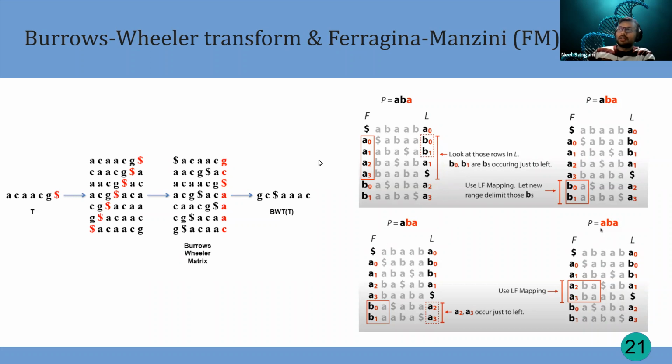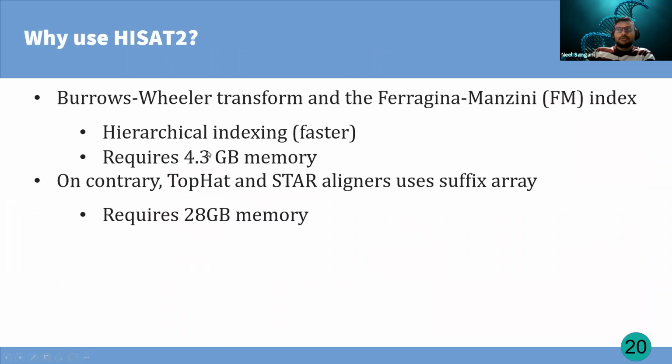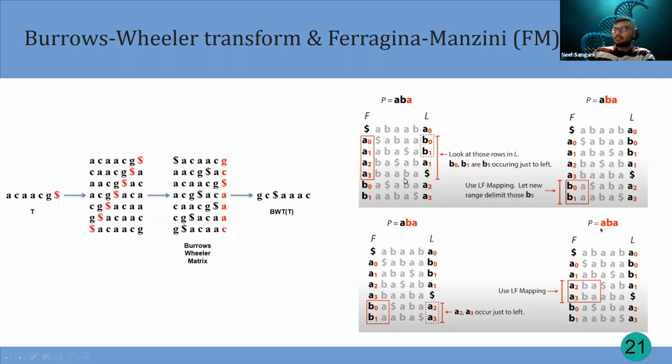But the whole idea is that this light gray area you see here is not stored, and that's the reason why we're using less memory, right? Because it is actively able to reverse engineer to get the reads that we're looking for, to map the reads that we're looking for.